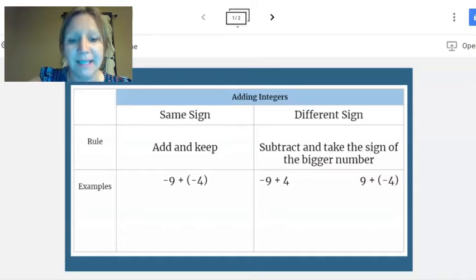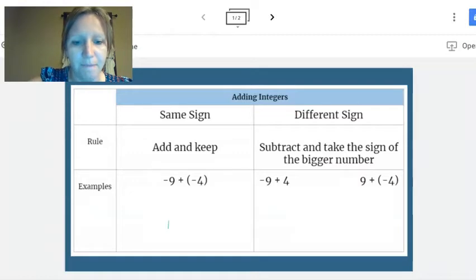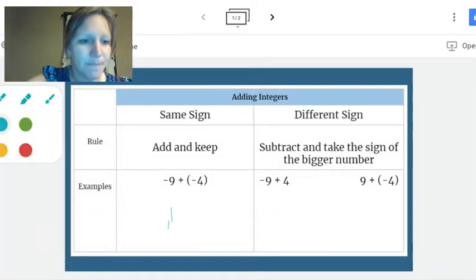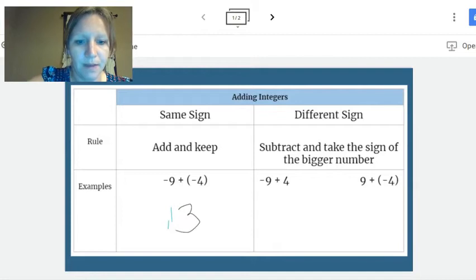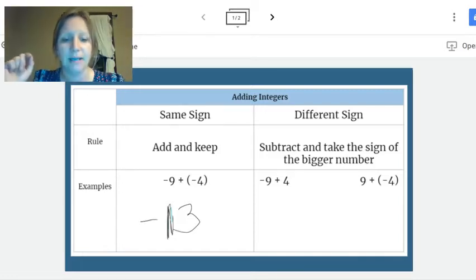So negative 9 and negative 4 are both negative, which means they have the same sign. So we're going to add them together, 9 plus 4, which gives me 13. And then we're going to keep the same sign. Since both of them are negative, it's going to be negative 13.